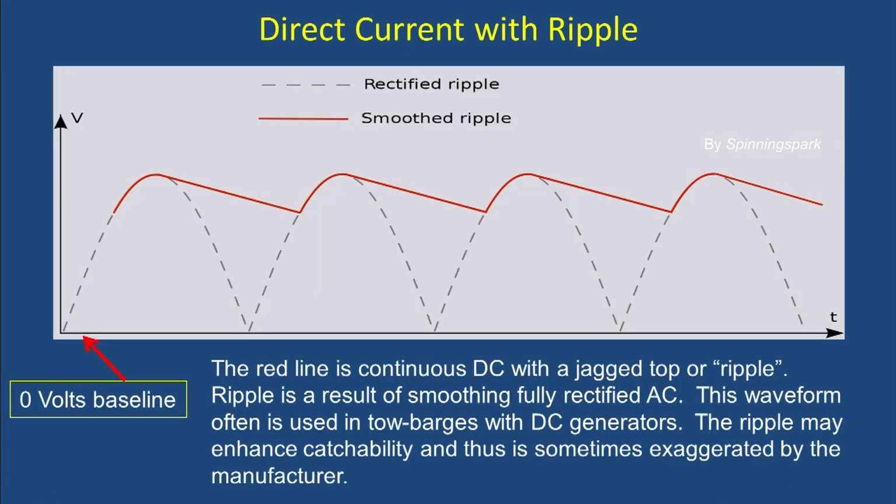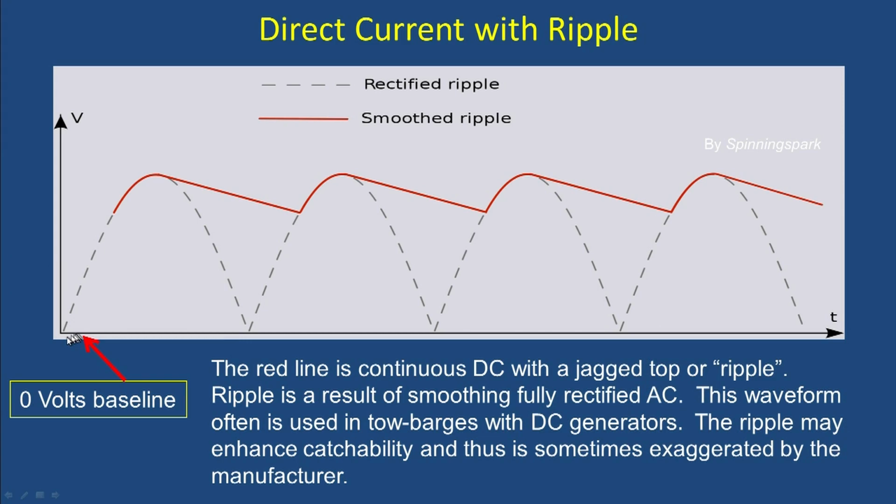Sometimes you get what we call a ripple or sawtooth on top of the DC. There are some manufacturers that keep a ripple on their smooth DC because they think that enhances the catchability. Basically, AC is input and then converted to fully rectified AC, and we'll talk about what rectified AC is later.